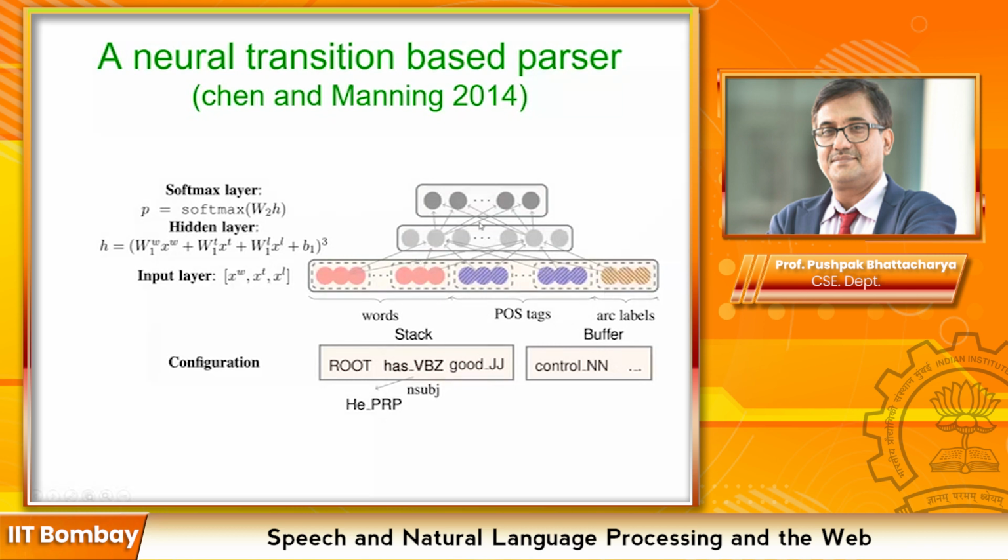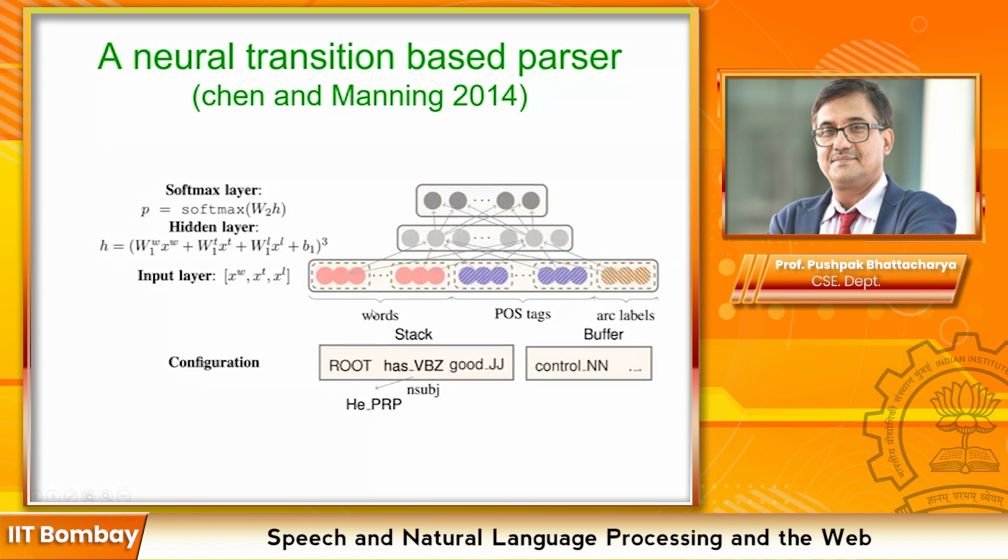After that, there is hidden layer computation on the top two elements in the stack, the state of the buffer and state of the stack, and also the properties of the words. So you see here the words in the stack, the part of speech tags, and the arc labels.